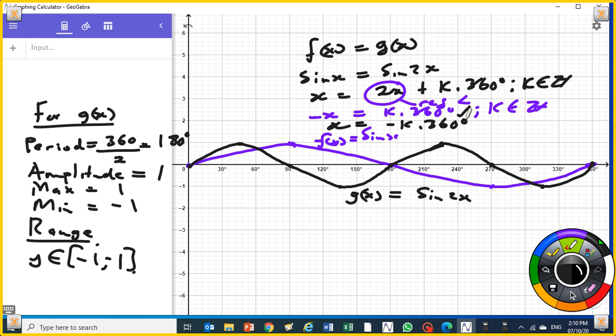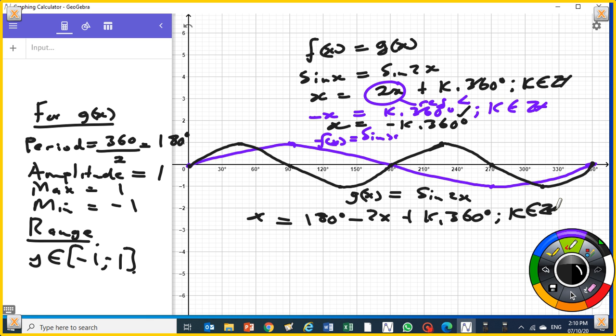Since I use this 2x as my reference angle, I need to subtract this 2x from 180 degrees, because sine is positive in the first and second quadrant. So the second general solution, x equal to 180 degrees minus 2x plus k times 360 degrees, where k is an integer.